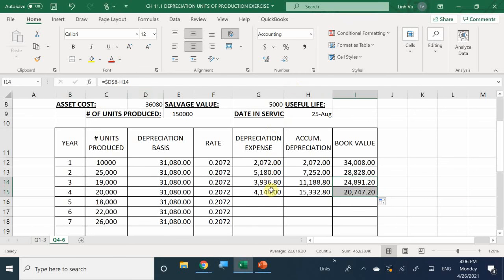What's my depreciation expense for year 5? $3,729.60. So what's my accumulated depreciation?